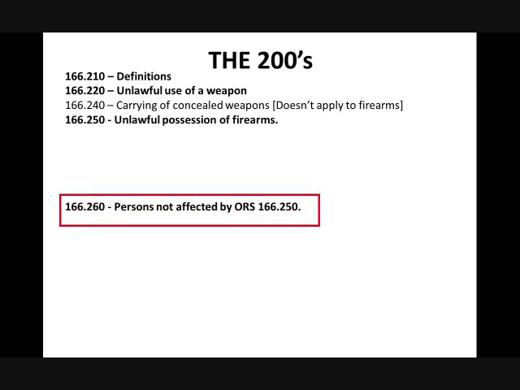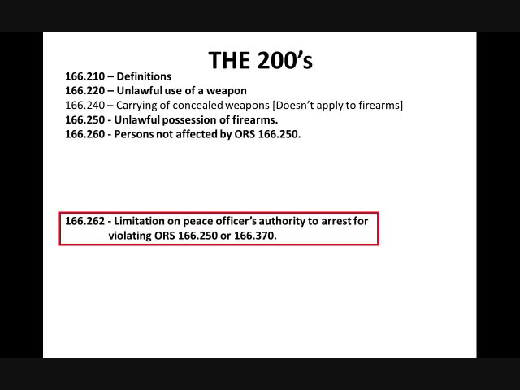And then 166.260 tells us who's not affected by 166.250, and it's important if you do have a CHL. And then 166.262 actually limits the authority of police to arrest for violations of 166.250, as well as 166.370 that will be covered in the next segment.